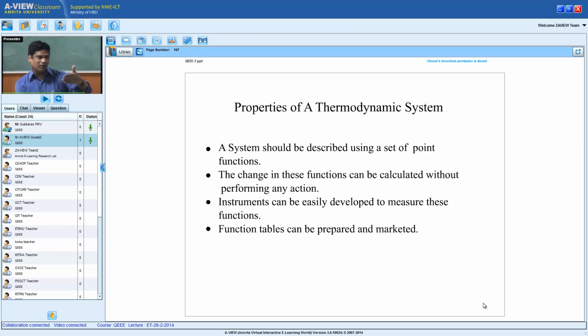What should be the volume? And what should be the size? Because you have defined a property very perfectly, somebody somewhere in America will measure the properties, make a table, and I'll believe that those tables are correct and start designing the turbines and send them all over the world. Why? Because everybody is strictly following the law of equilibrium.